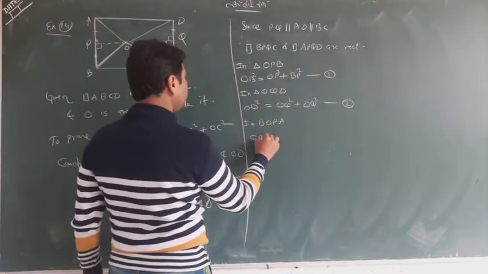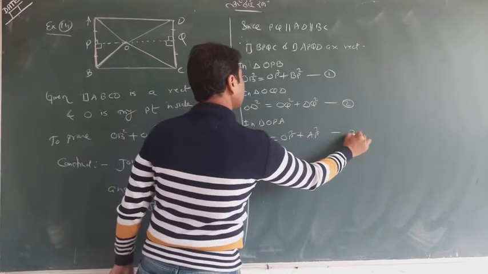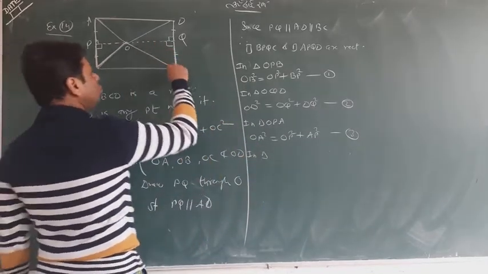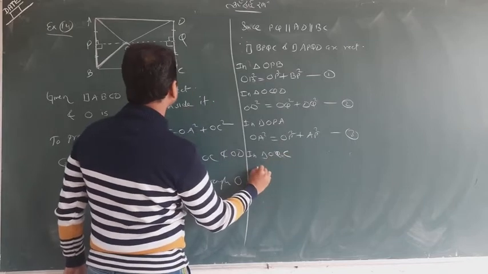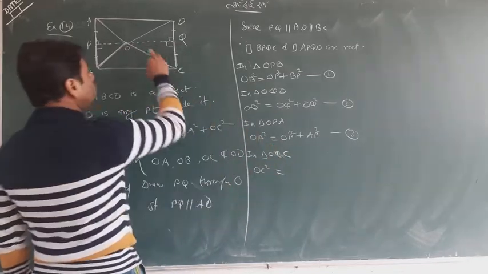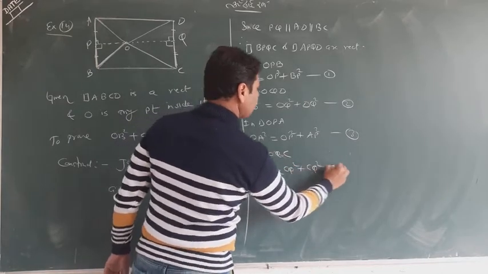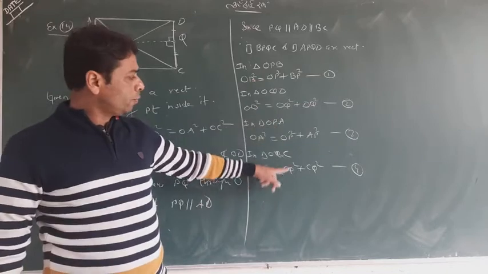I'll have OA square equal to OP square plus AP square. And the last triangle is OQC. By Pythagoras theorem, I have OC square equal to OQ square plus CQ square. Now, the interesting thing has begun. 1, 2, 3, 4.